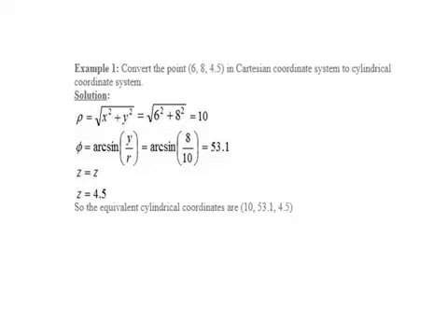While if we take theta in terms of tan, then it gives tan inverse y over x. So sine inverse 8 over 10 gives 53.1, that is the angle of rotation. So the equivalent cylindrical coordinates are (10, 53.1, 4.5).